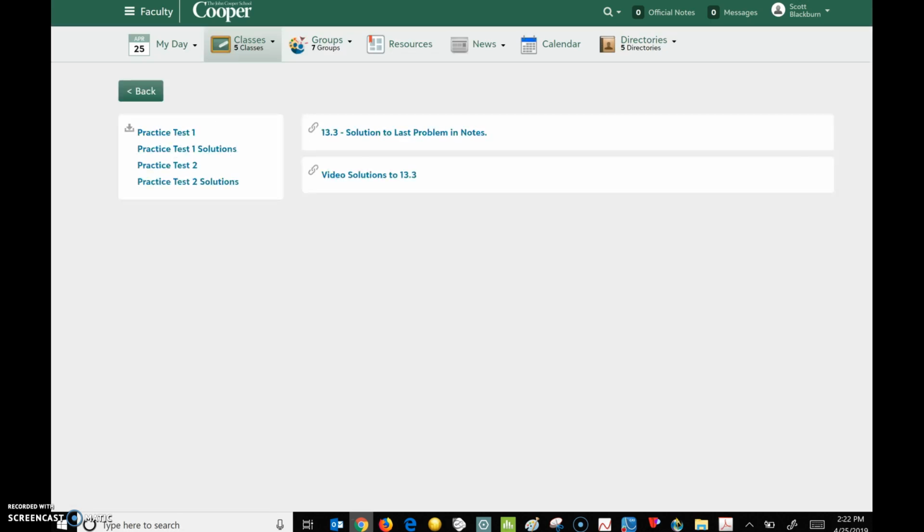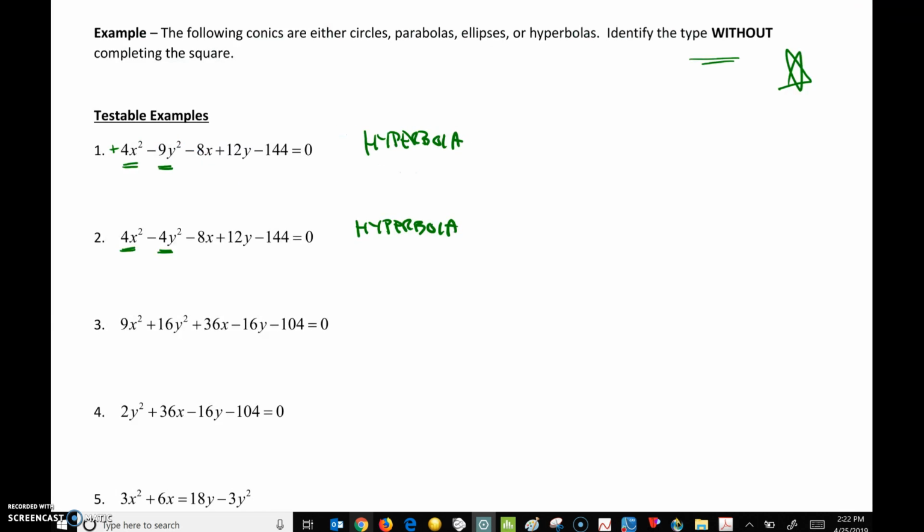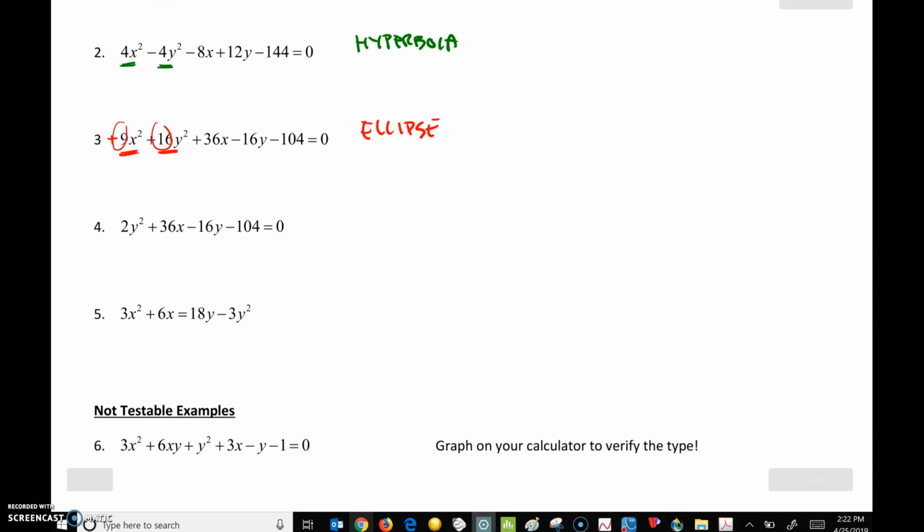Here we got an x squared and a y squared. They're both positive, so that means it's an ellipse or a circle. They have different numbers, so it's an ellipse. Got a y squared but no x squared, parabola.